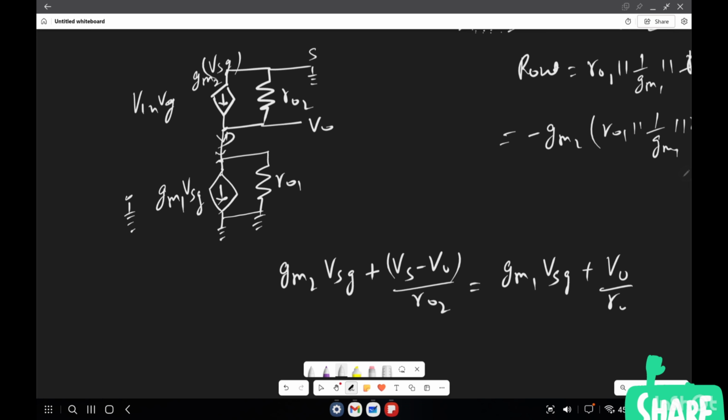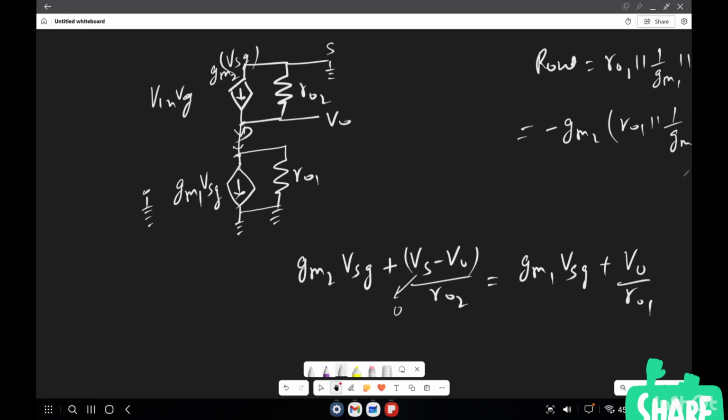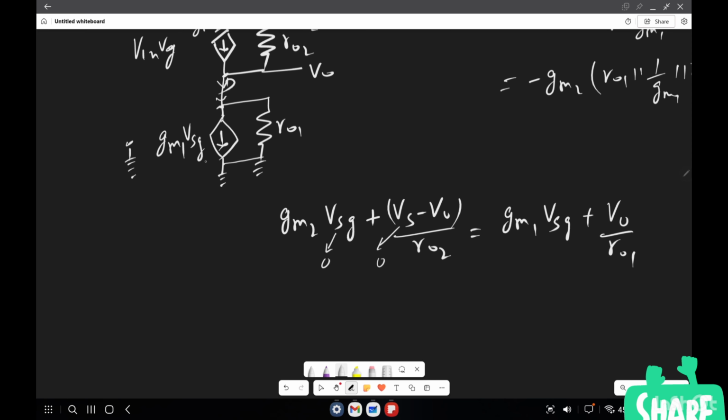For small signal, this will also be 0. You can see here, this is grounded, and this is also grounded. For the second MOS, we have the gate grounded.